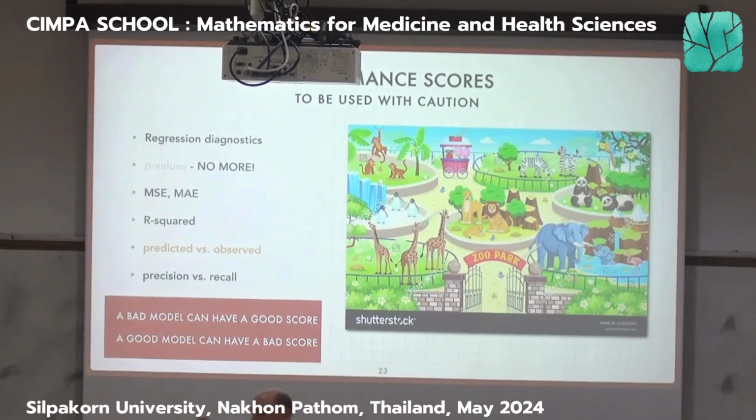Always, when you publish or prepare your statements on machine learning, there are many ways to measure performance. I made a zoo, there's a zoo here. Regression itself is, as I said, the only machine learning method that gives full diagnosis, because regression has a lot of hypotheses and assumptions.